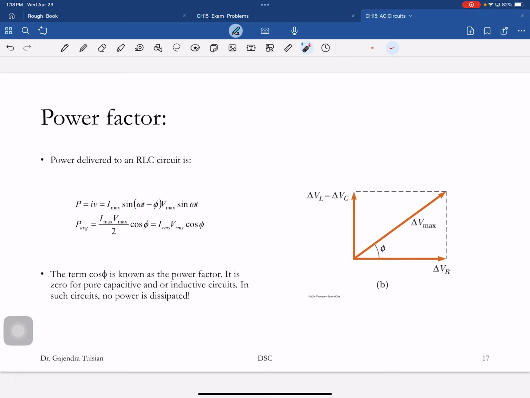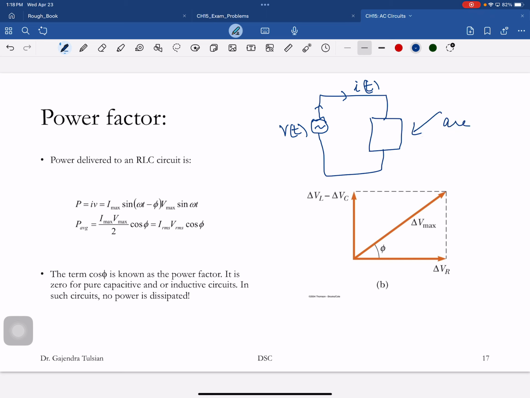All right, now we'll come to the power factor. What we're talking about is the following. We have an AC source, and your black box is plugged into the AC source. And the question is, are you cooking?